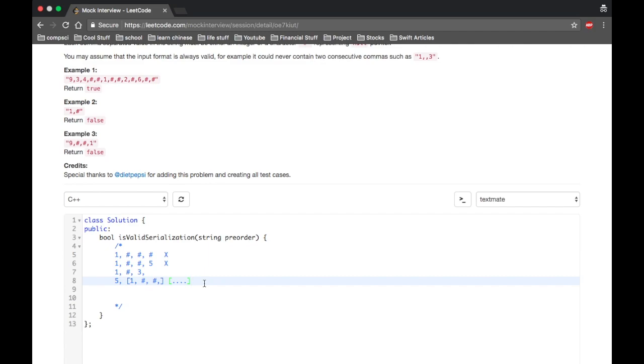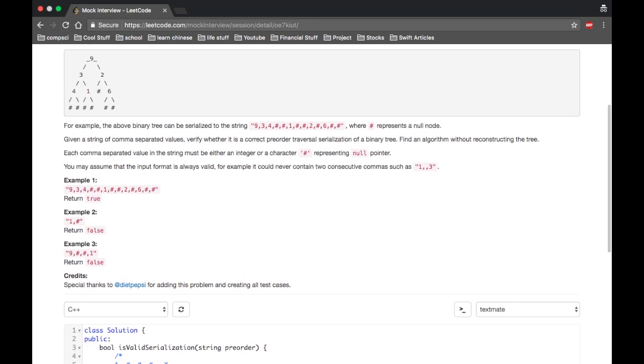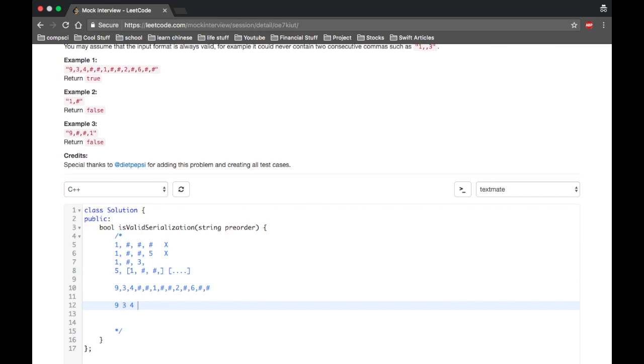Okay, so how would I use a stack though? So let's use this example. I would put in the 9, put in the 3, put in the 4, then when I reach the hash, I pop, so this is the stack, and 9 is the head.